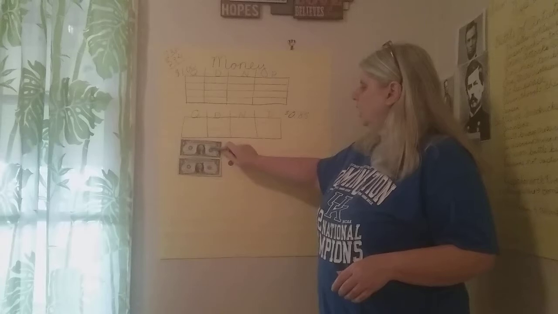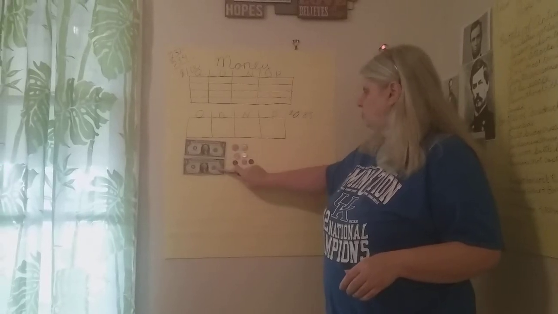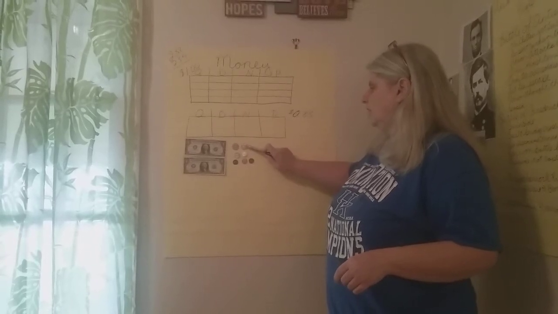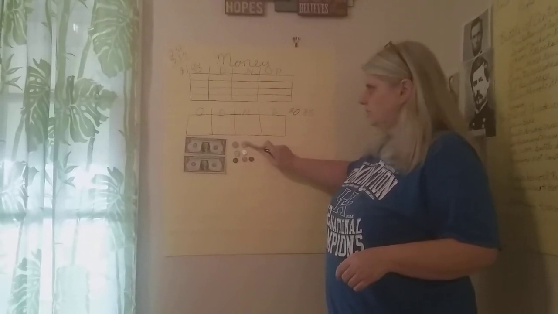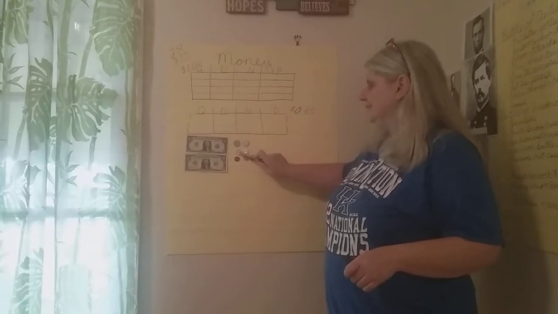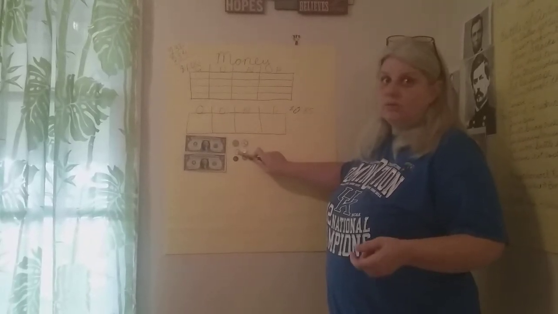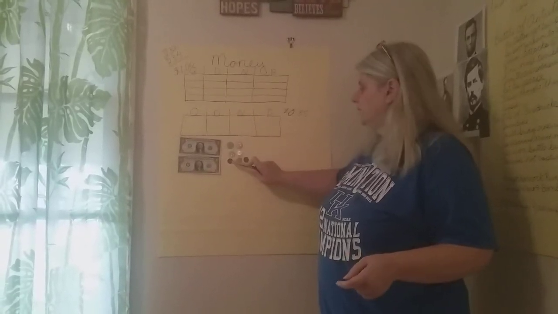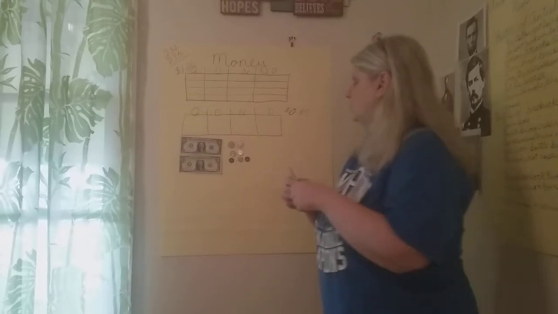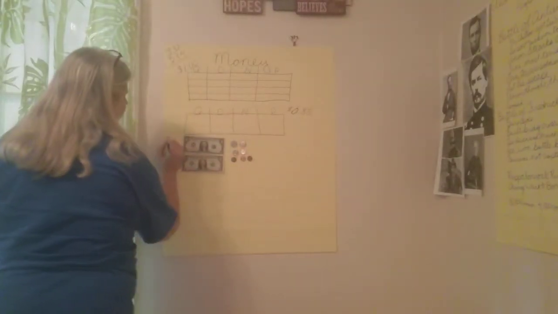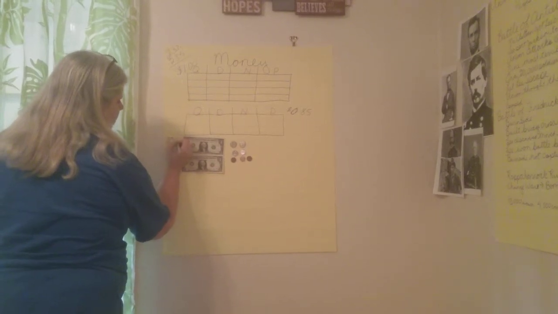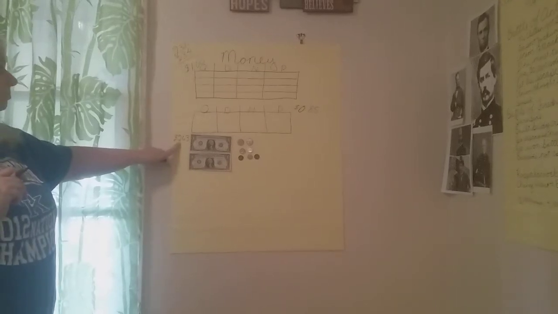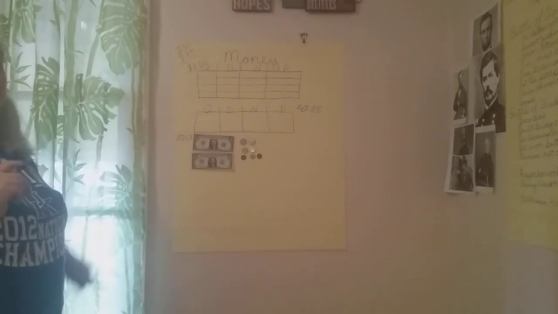So we have $1, $2, $2.25, $2.50, because remember we're counting by 25s, 50, $2.55, because it's in nickels, so now we're counting by 5s, 60, and now we're counting by 1s because we're going to pennies, 61, 62, 63. So we have $2.63, okay? That's how you write it, the dollar sign, the number, the decimal point, and then how many cents.